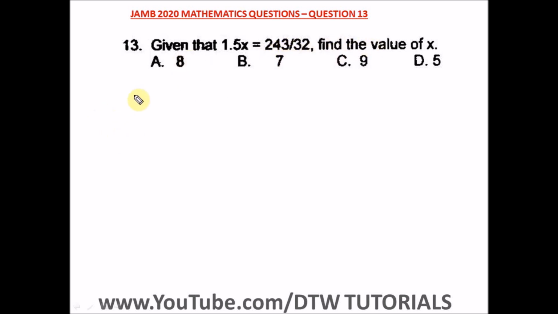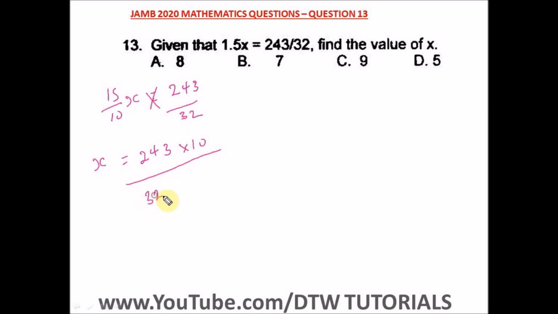So this is the same thing as 15/10 to the power x equals 243/32. So if you cross multiply, you have x is equal to 243 times 10 over 32 times 15.